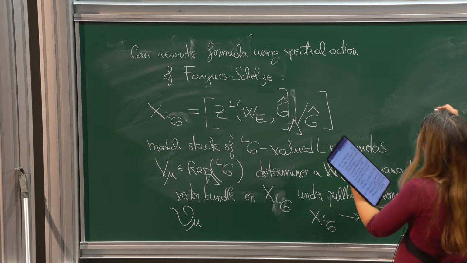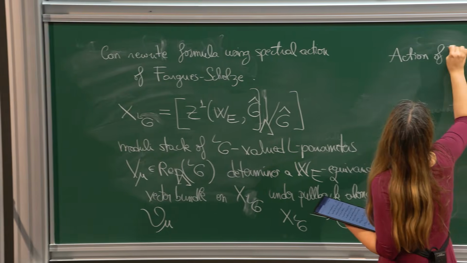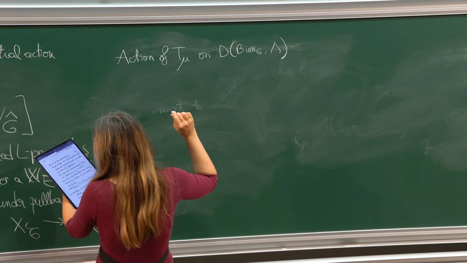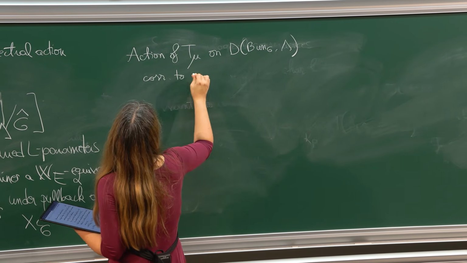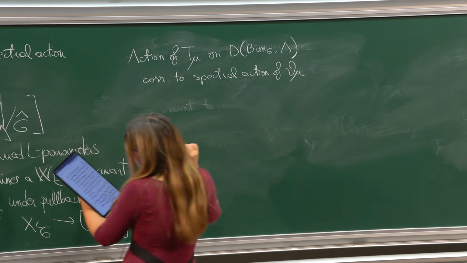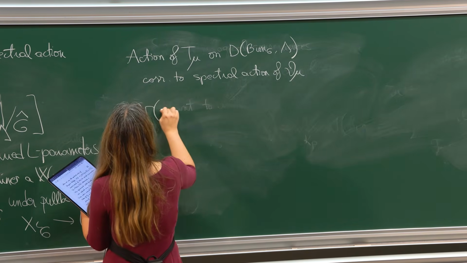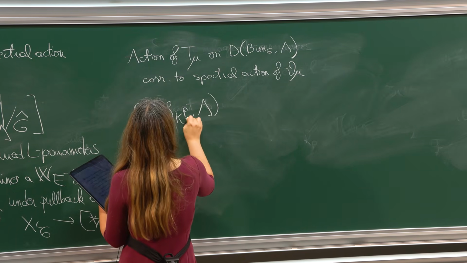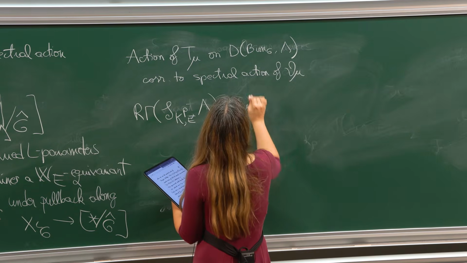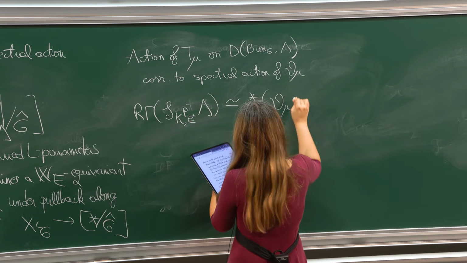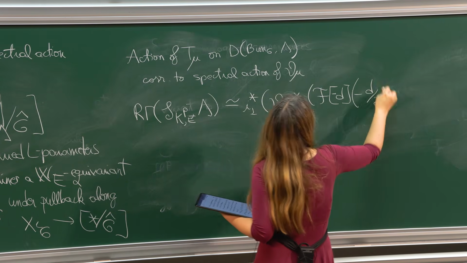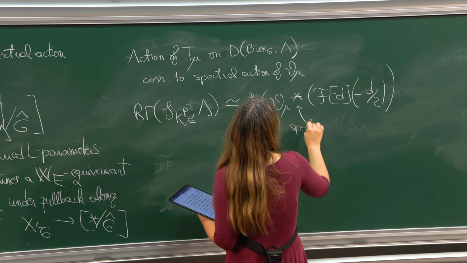All right, so the action of T_mu on D(Bun_G, lambda) corresponds to the spectral action of V_mu. And so we rewrite our formula over E bar as i_1 upper star of V_mu acting on this sheaf, the relative cohomology of the Igusa stack with this shift and twist. So this is the spectral action constructed by Fargues and Scholze.